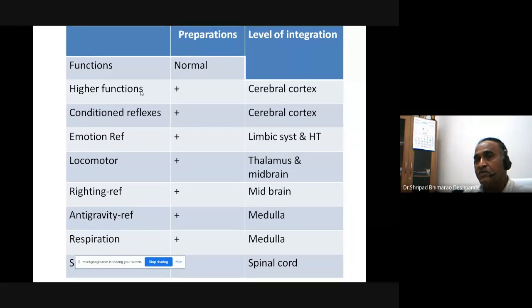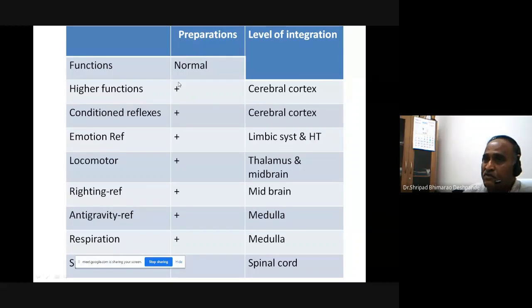So he is able to tell the date and time. He is able to speak, and he is able to do small calculations. He is able to recall where he studied, and so on. These are higher functions, and even social behavior. This one we all have.